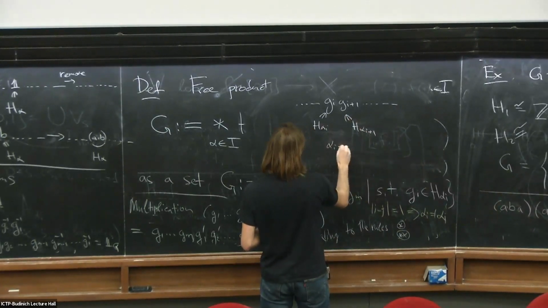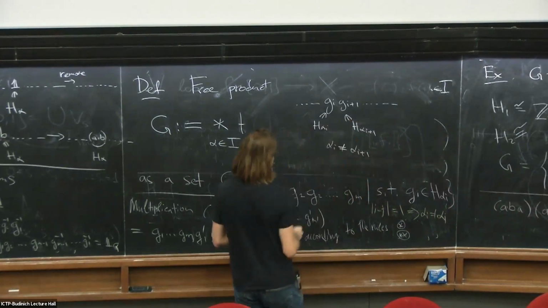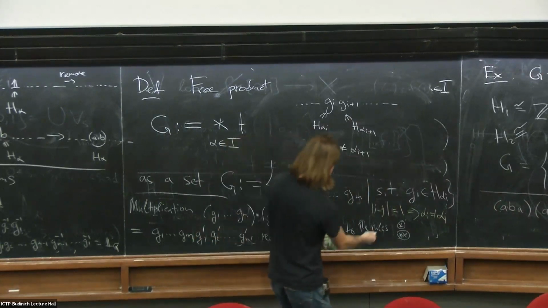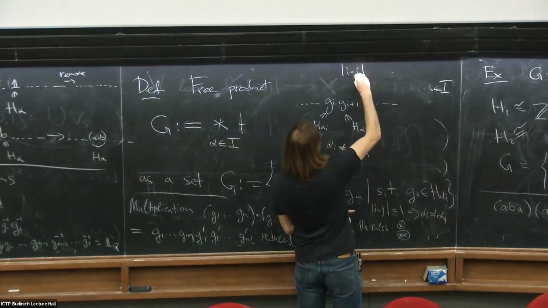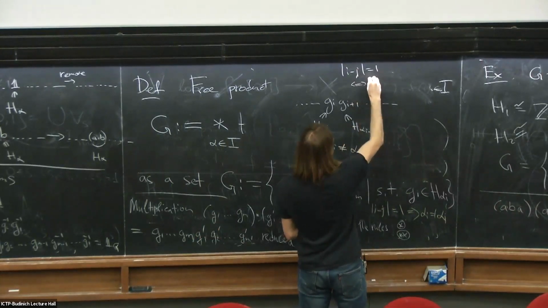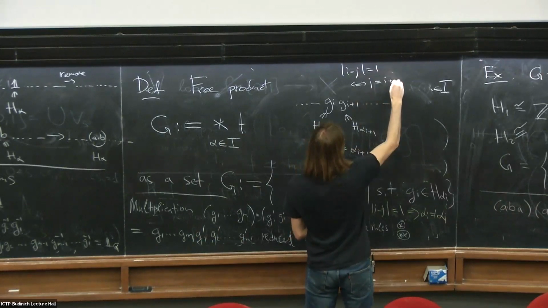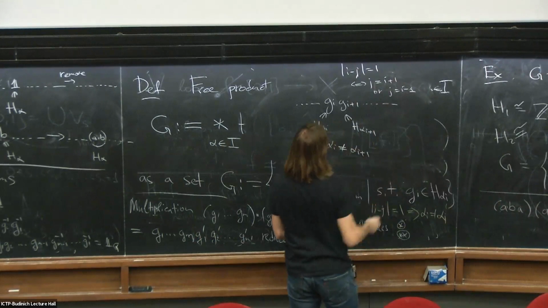These two indices should be different. They shouldn't be the same. Well, this is the same condition because the absolute value of i minus j equals 1 is equivalent to j equals either i plus 1 or j equals i minus 1, right?